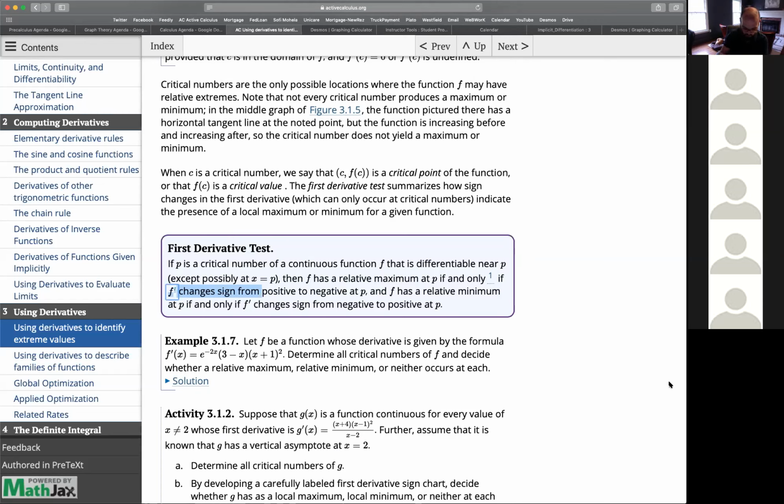Okay, so for me, I think the first derivative test is better as a picture. All right, so we're just going to call this the first derivative test. The first derivative test says, hey, you're going to have a local maximum value.